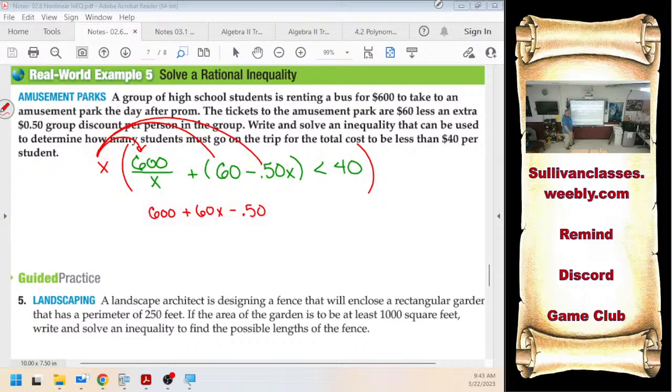But that's why we're doing it, so we don't have a denominator. Because if I put an X right here, they just cancel. You can absolutely multiply everything up here by X. And now it's just a parabola.